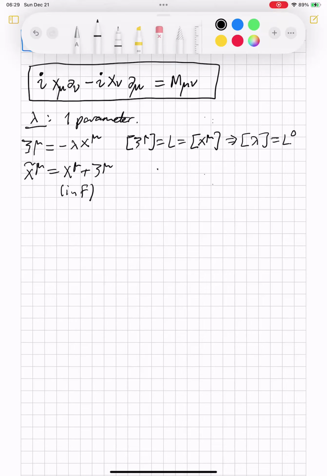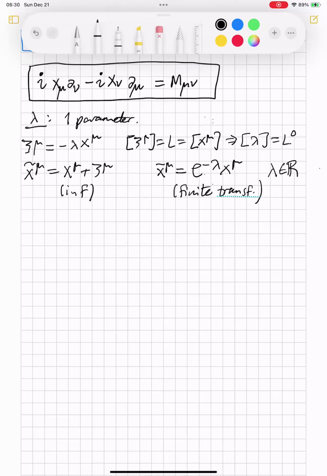Well, the finite version is that x tilde mu is equal to e to the minus lambda times x mu. And this is now the finite transformation. So it's just performing a scaling, and it scales each coordinate in exactly the same way. In this formula, lambda can be any real number.